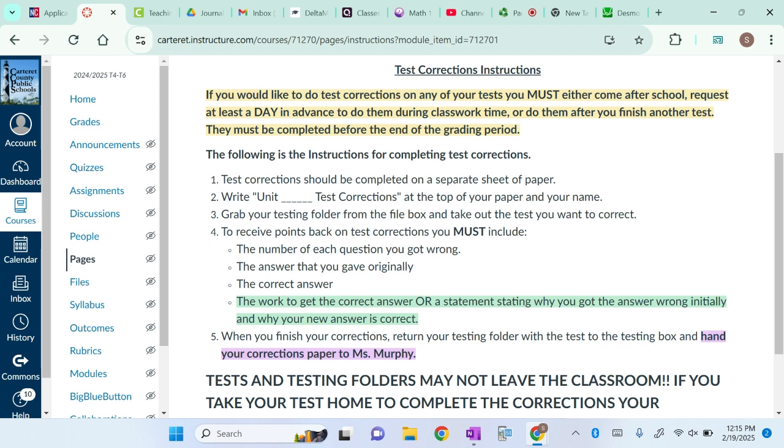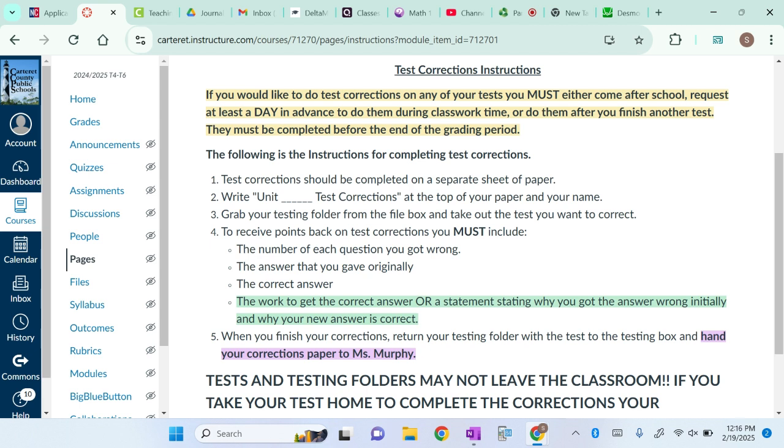You would take this out of the hanging folder and pull the test that you want, and you would start the corrections on it. Typically how I do corrections is a separate sheet of paper, and you need to label it, like unit 1 test corrections.